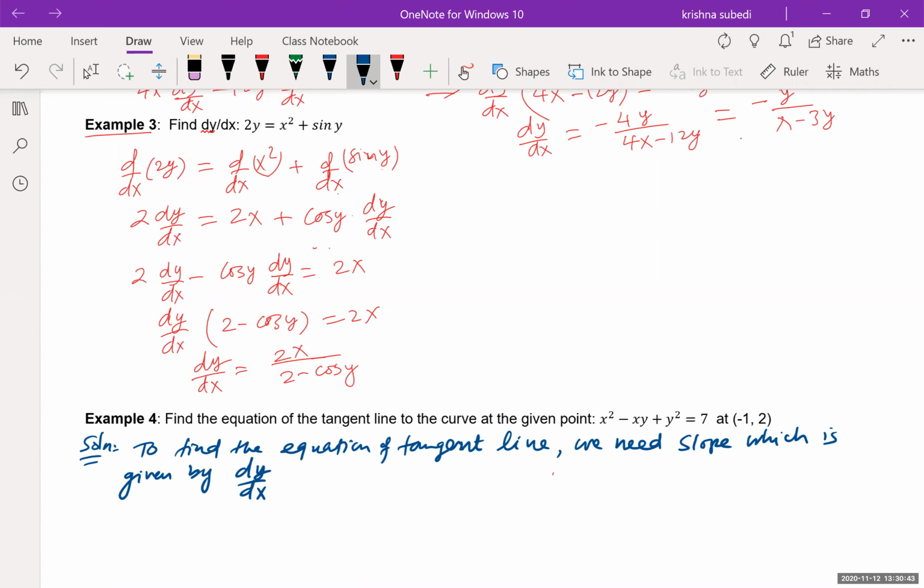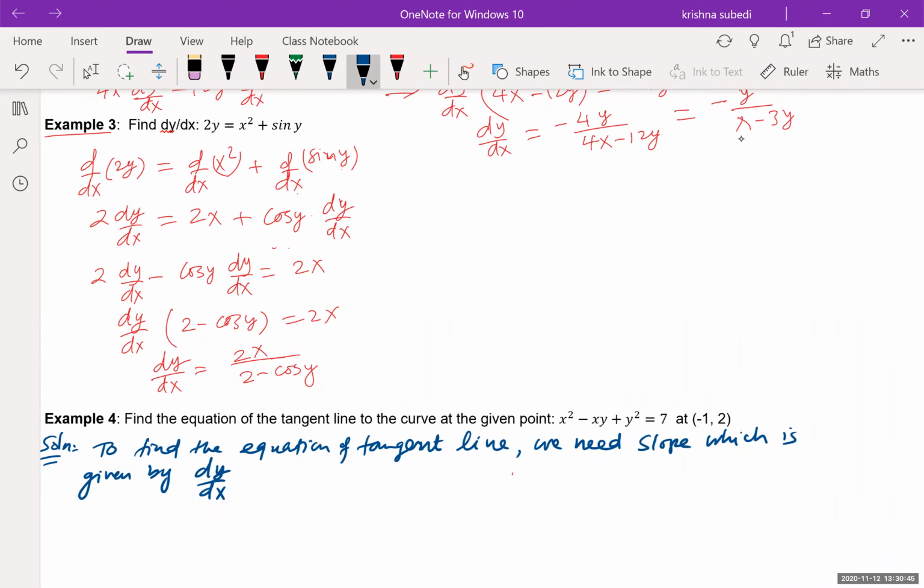Remember the derivative. To find the equation of a tangent line, the standard formula that you learn in high school is y minus y1 equals m times x minus x1. So in other words, if we know the slope and a point x1, y1, we can find the equation of a tangent line.